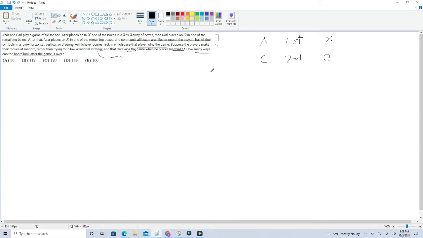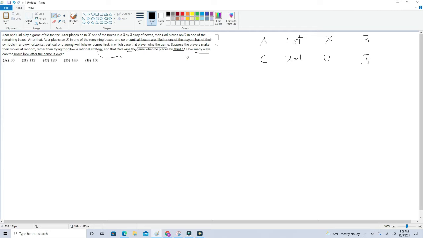If he places his third O, that means Azar before him would have had to also have placed his third X, because remember, Azar is going first and Carl is going second. So in order for Carl to have placed his third O, the sequence would have had to go XO, XO, XO. So for the third O, 3 X's fall before.